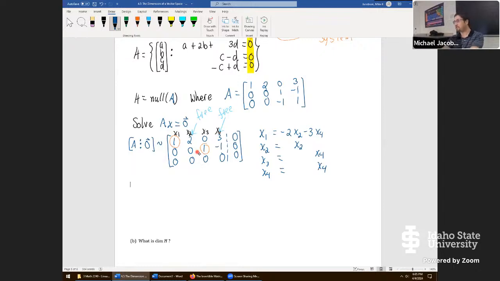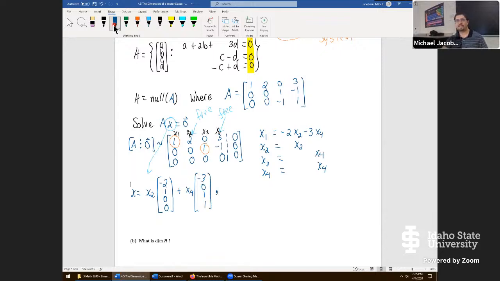So just about there, folks. Now to get the solution set to AX equals 0, we use what we produced here and just build out x. We can now say x equals x2 times the coefficients negative 2, 1, 0, 0, plus x4 times the x4 coefficients, which are negative 3, 0, 1, and 1.